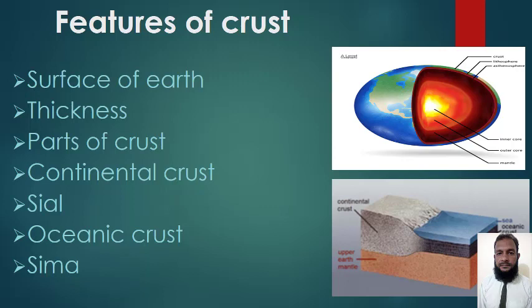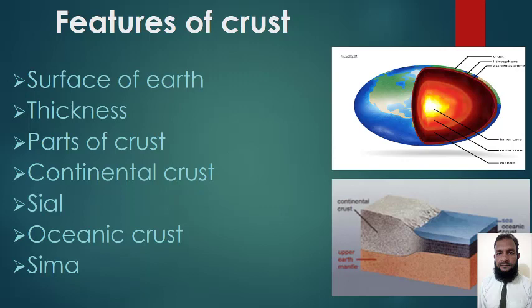Features of crust. Crust is the outer part of the Earth. In other words, surface of the Earth is called the crust. The surface of Earth consists of water and dry land. Its thickness is not uniform.